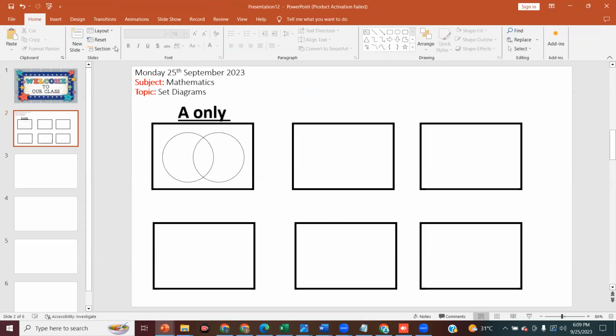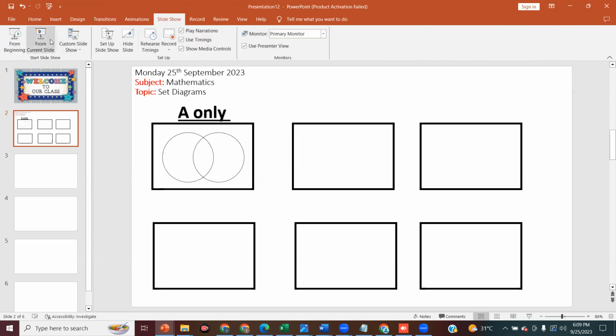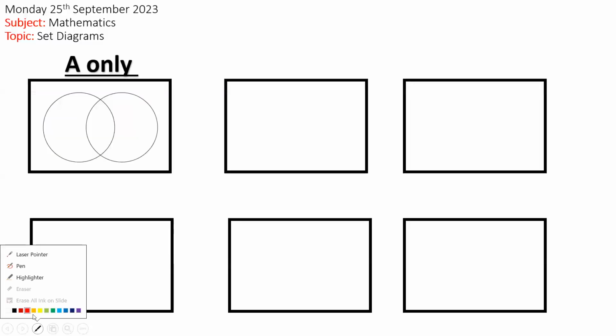So let's call this set A. And let's call this set B. And again, I want to draw an A only. So how would I draw that? What section of the diagram would I shade if I want A only?